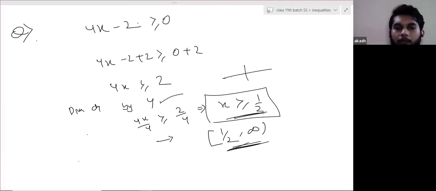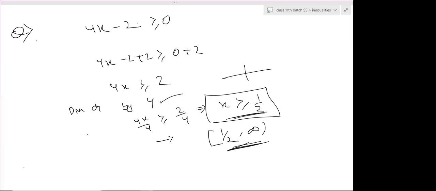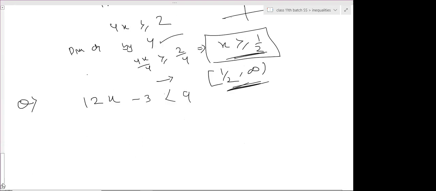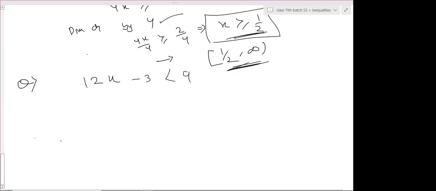So let's give you guys a few questions. Solve 12x minus 3 is less than 9. X is smaller than 1.